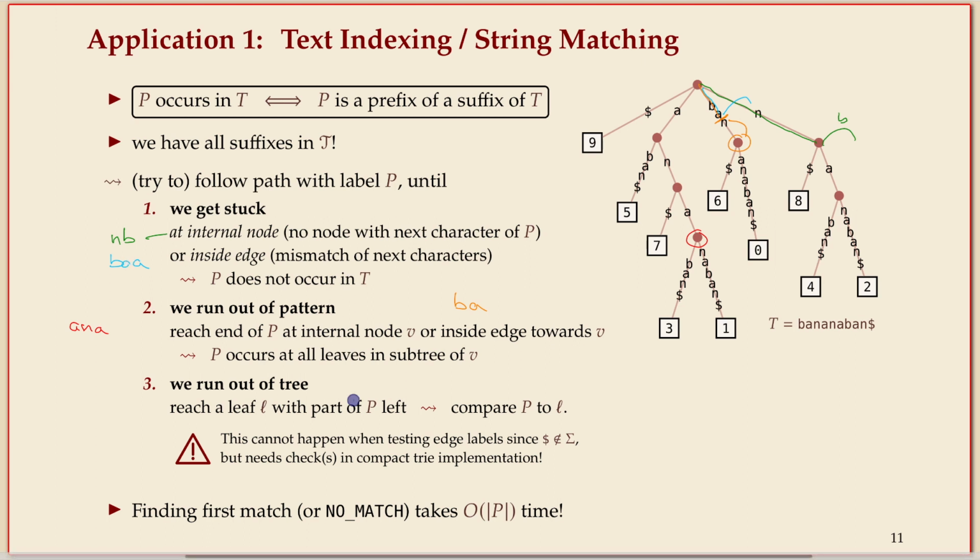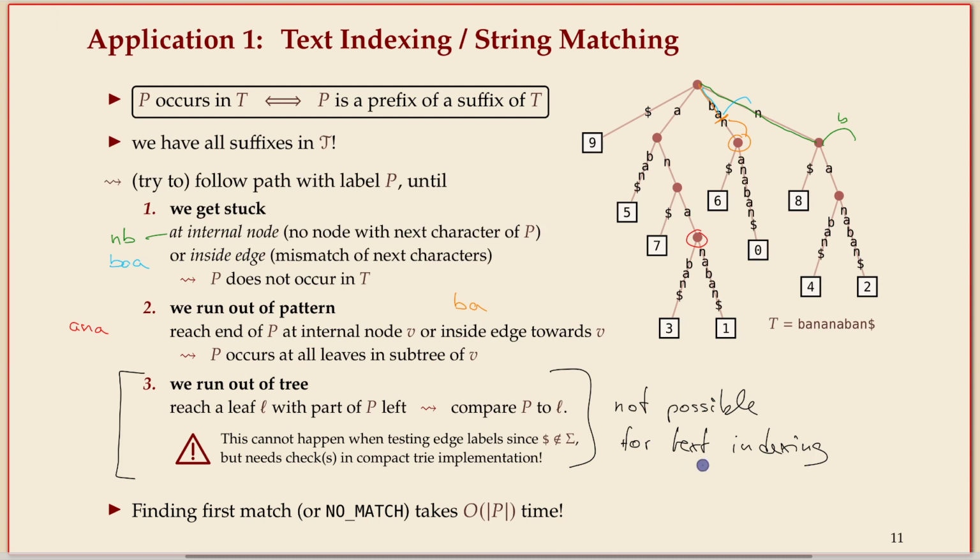Technically, there's a third case, that we run out of tree, we continue reading the pattern, and we reach a leaf and can't continue. Now, it turns out that for our application this can never happen, as long as our pattern doesn't contain the end of word marker. So normally we have a text and we are looking for some actual string in the text, not something involving this dollar symbol.